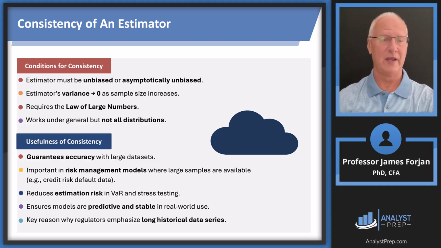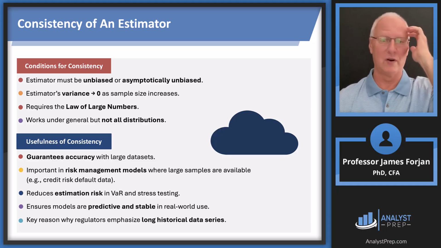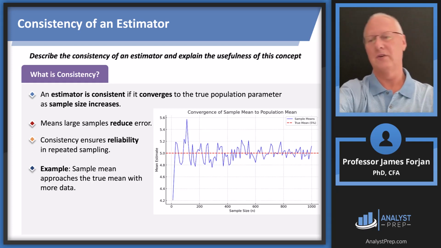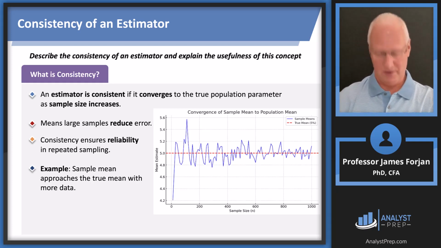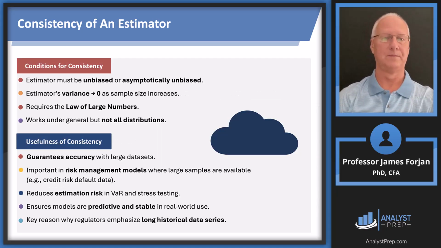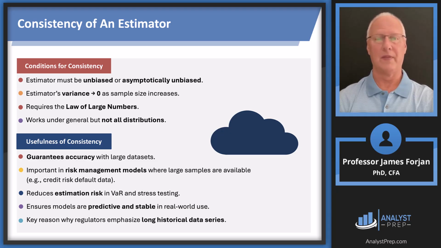The estimator's variance approaches 0 as the sample size increases. That's going back to here, that if we went all the way out to 10,000 or 5 million or whatever that is, that we would hit that red dotted line. Law of large numbers, we'll talk about that here in just a second.